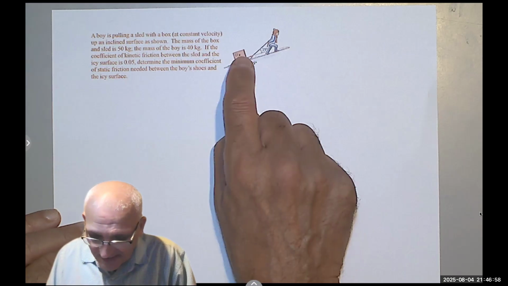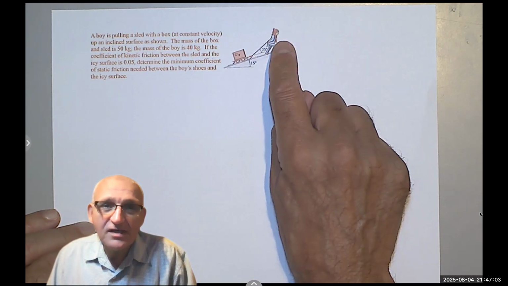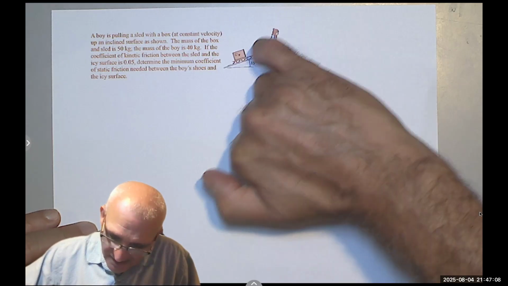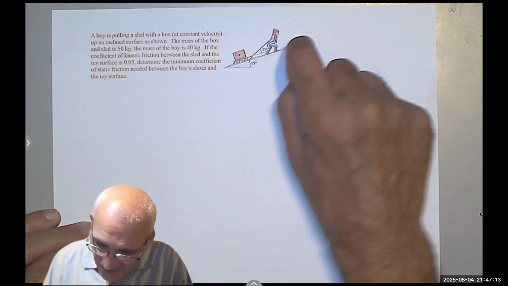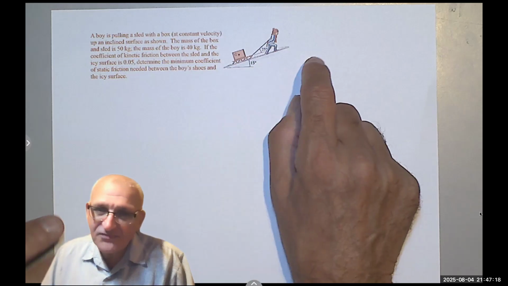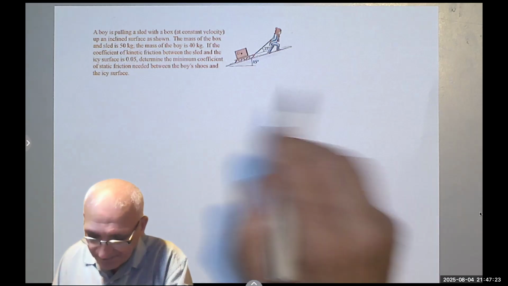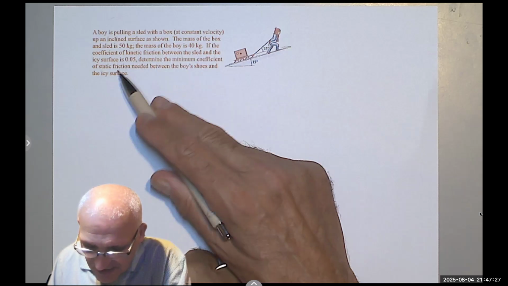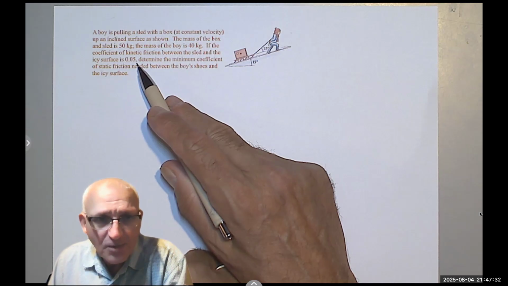The mass of the box and the sled is 50 kilogram, and this poor guy is only 40 kilogram of mass. He's pulling it by a cable or a rope that makes 25 degrees with the sled, with the inclined surface, meaning 40 degrees with the horizontal, if you use X as the horizontal. They give you the coefficient of kinetic friction between the sled and the icy surface to be 0.05 or 1/20th, 1 over 20, very small.